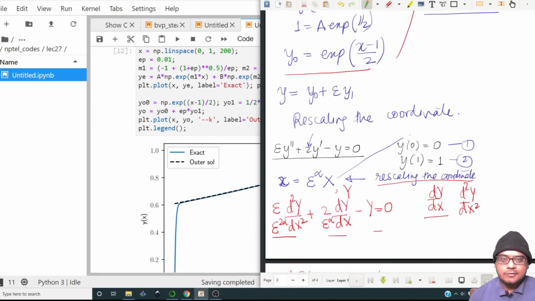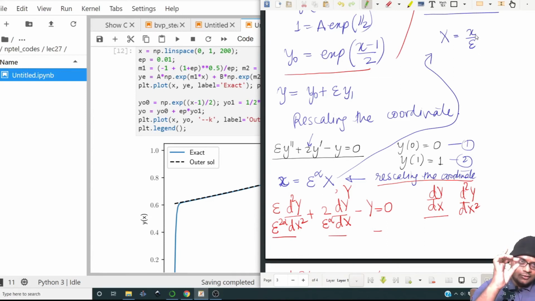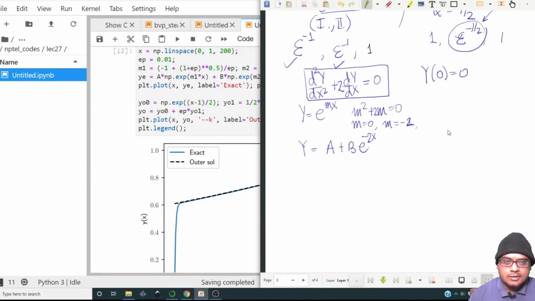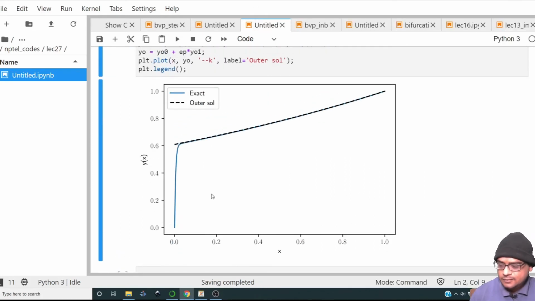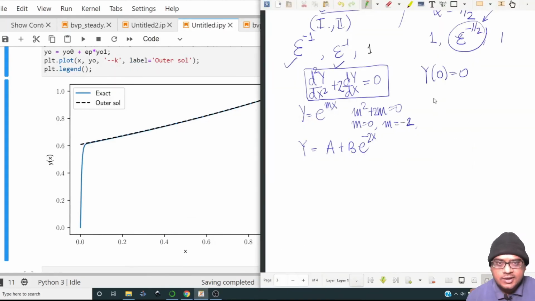So when alpha equal to 1, this rescaled coordinate becomes capital X equal to small x upon epsilon. It means that for small values of x also, I will obtain a large value of capital X because epsilon is small. Let us look at this variation. I can explain it using this variation. So we have a fast change and then smooth change.